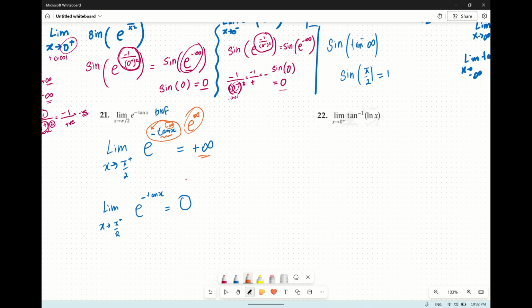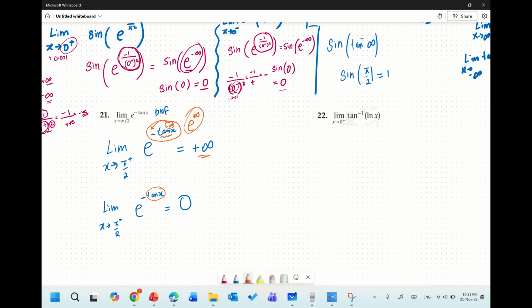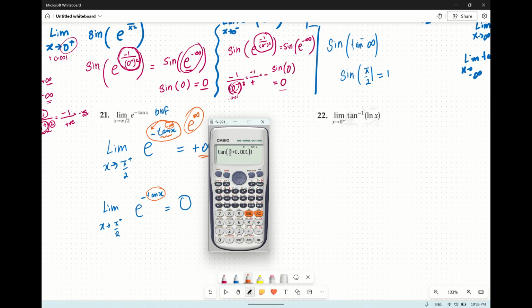So here I'm just giving you a little bit more details. If you understood how we got it with the calculator, that's enough. Now again, I go to the tan here. I go to my calculator. I ask myself, what is happening before pi over 2? Before it by a little bit. So I change this to minus. Again, the calculator gave me 999.